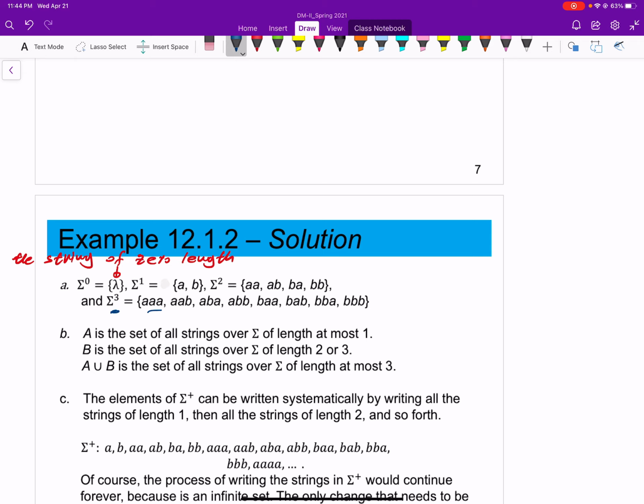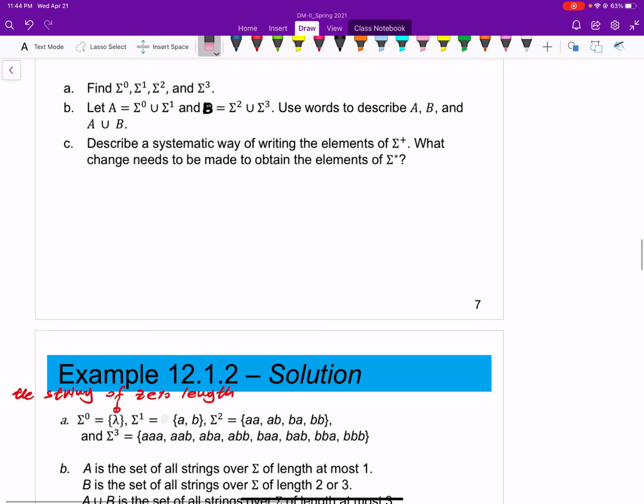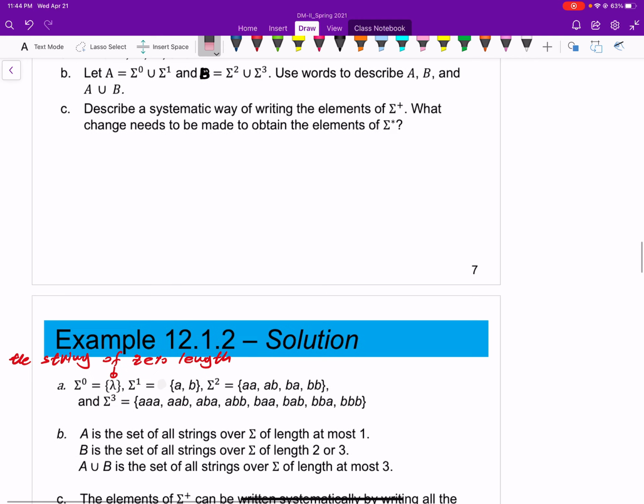Those are AAA, AAB, ABA, ABB, BAA, BAB, BBA, BBB. All right, so those are the strings. And then in the next problem, A is sigma 0 union sigma 1.